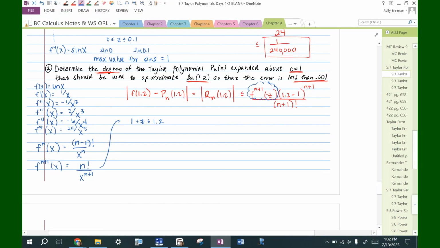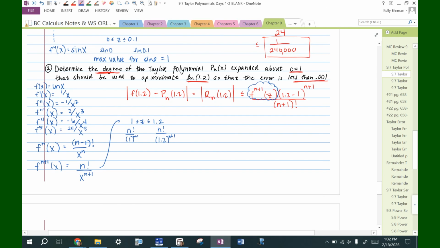You never have to worry about the numbers in between those ends. You're always going to be looking at the extremes. So these are numbers that we would be putting in for x. So if z is 1, then we get n factorial over 1 to the n plus 1. If z is actually 1.2, we get n factorial over 1.2 to the n plus 1.